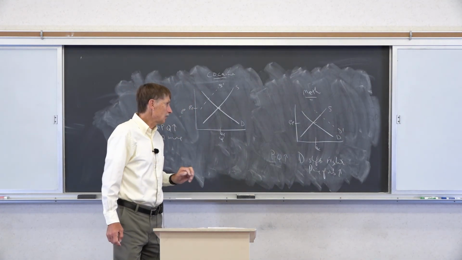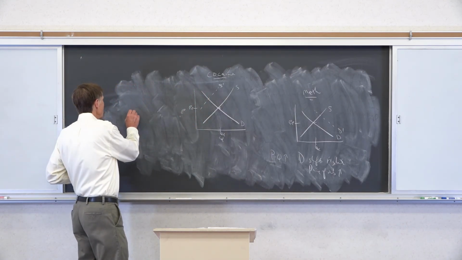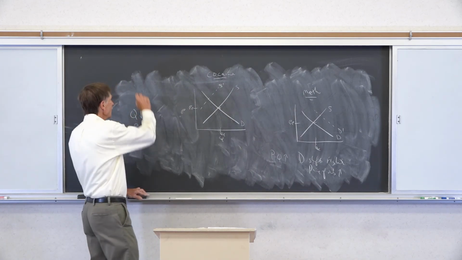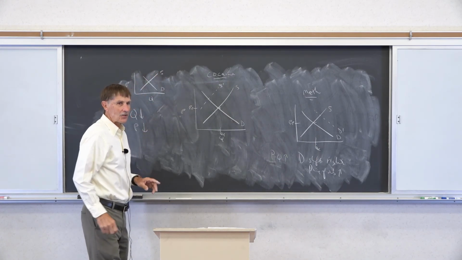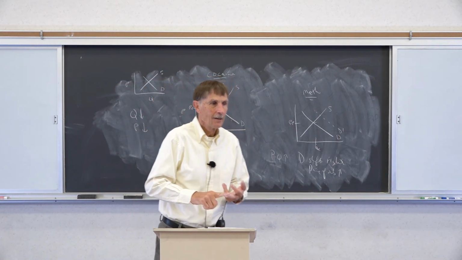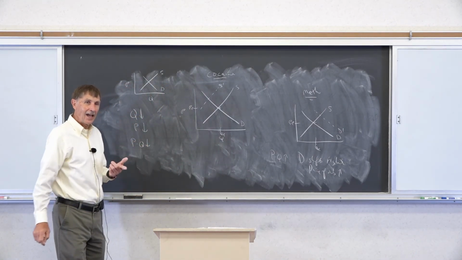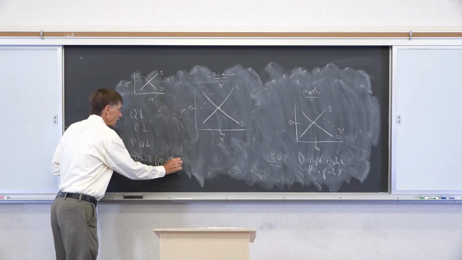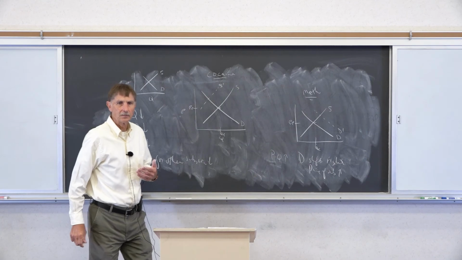Now, suppose I said to you, "Here's what we'd like to do. We'd like to make it so Q goes down and P goes down." So I've got a demand and supply for cocaine, and I want to make it so that P goes down, Q goes down, P times Q goes down, and the demand for other substitutes goes down.